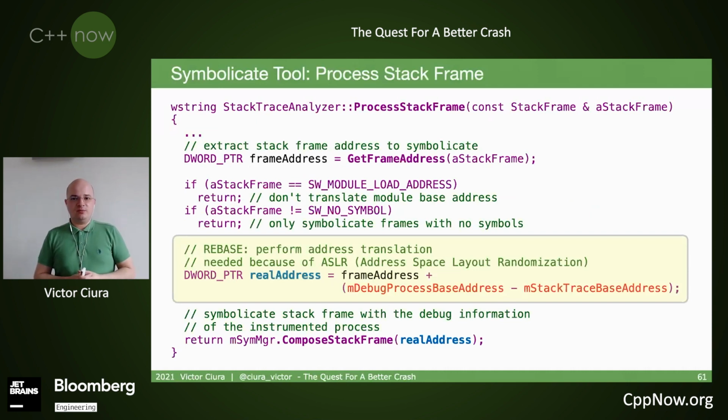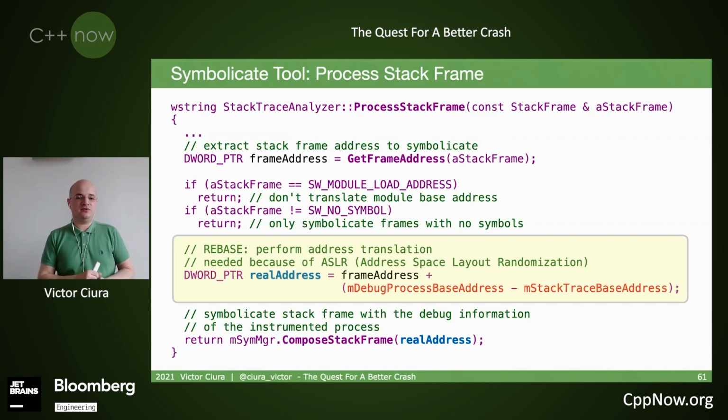So process stack frame, this would be the most important, I think. Again, get frame address. You receive a stack frame and you get the frame address. Okay, and if the stack frame is the module load address, then you don't need to do any translation, or if you don't have any symbol information for that particular stack frame.